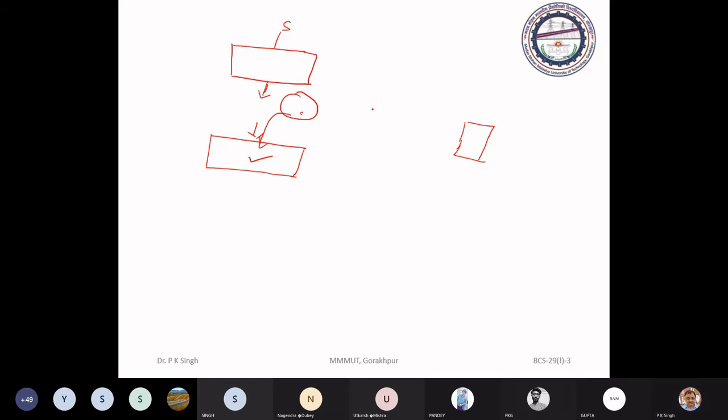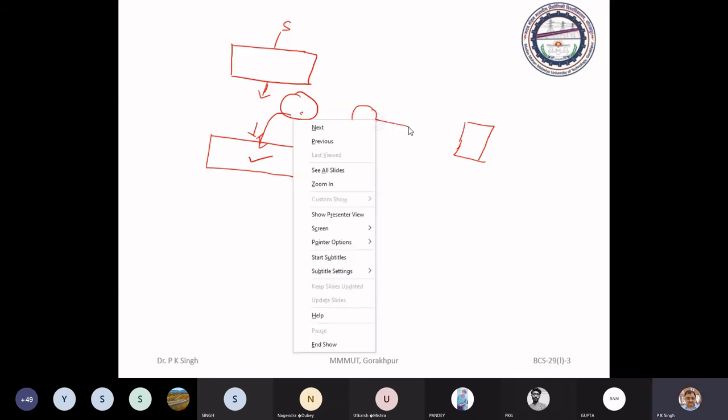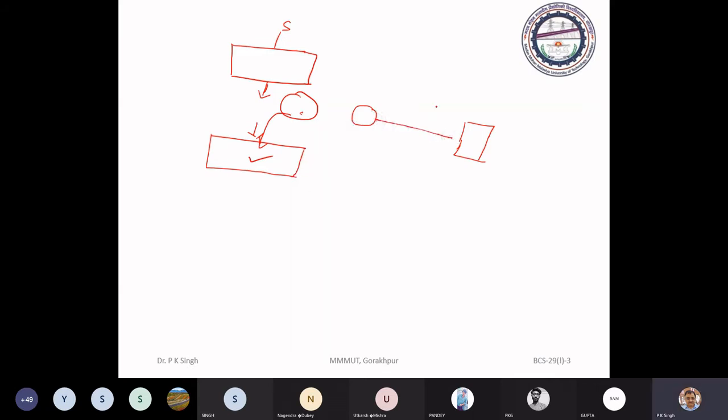And there is a patient who needs to take help of this doctor. He has to explain his condition, but suppose the patient knows only Hindi. So he is able to explain his condition in Hindi only.